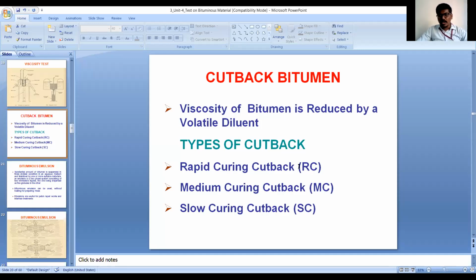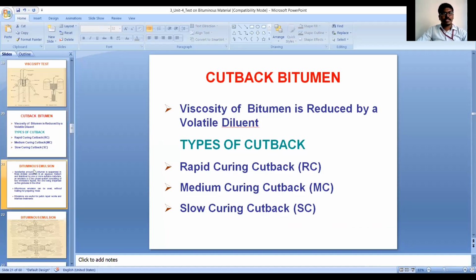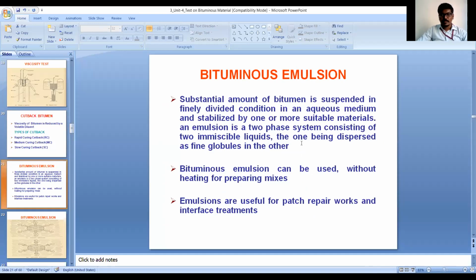Usually the cutbacks will be given to you by mentioning these types also, like RC1, RC2, RC3, or MC1, MC2, MC3, so that we can easily come to know which type of cutback it is. Moving to the next, bitumen emulsion.